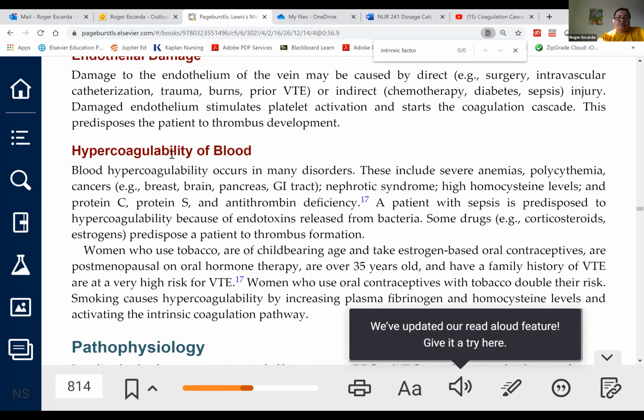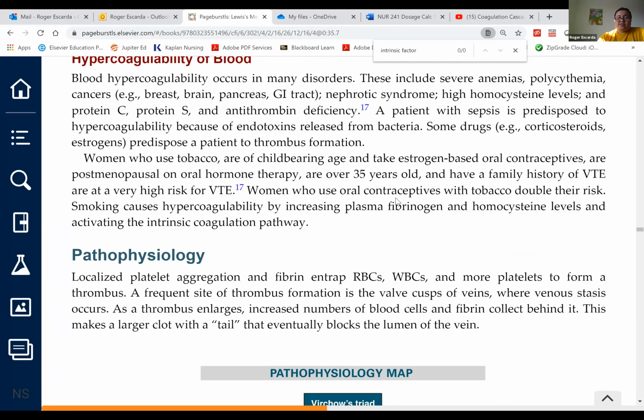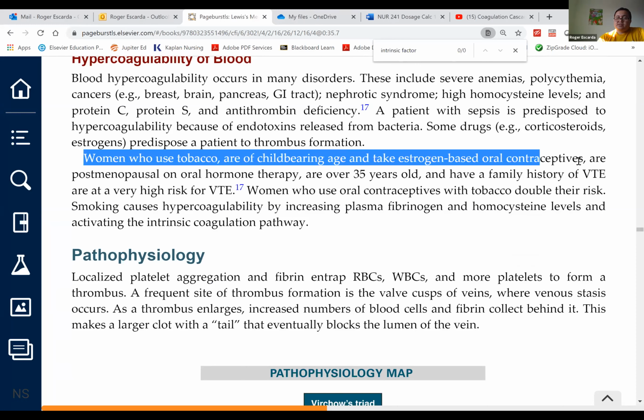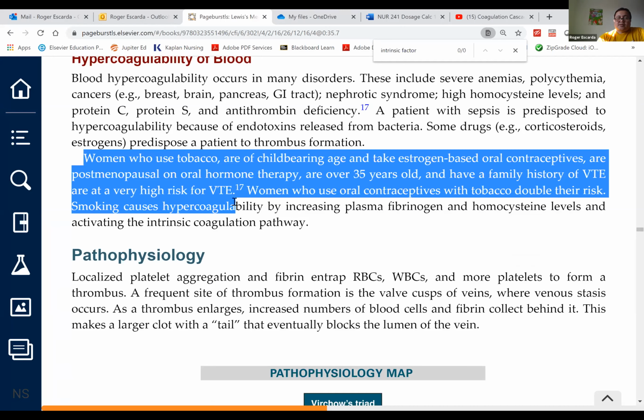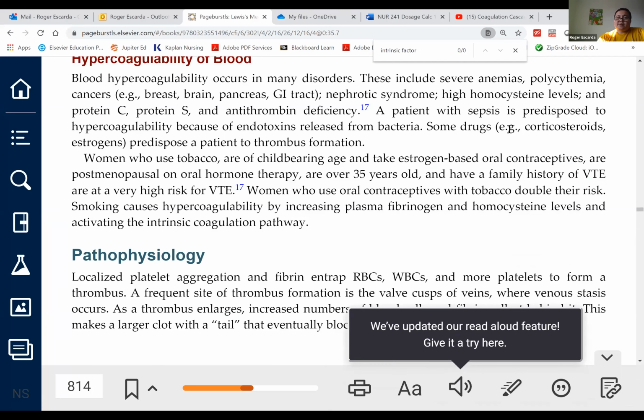Then finally, hypercoagulability. By the term itself, hypercoagulable, meaning these are conditions that increase the body's likelihood to form clots. Those conditions are here: women who smoke and or take OCPs or oral contraceptive pills, have a history of a blood clot in the past, or some drugs, specifically long-term steroid therapy.